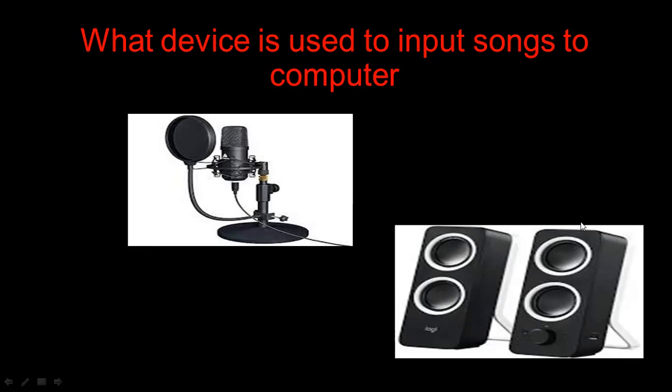The sound comes from the speaker, whereas when you want to speak, you speak into the mic. So the mic is an example of input and speakers are an example of output because they give the sound out.